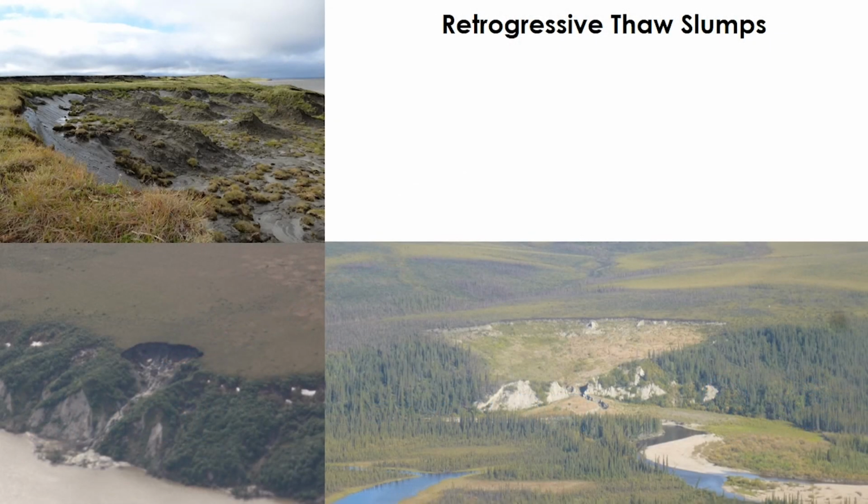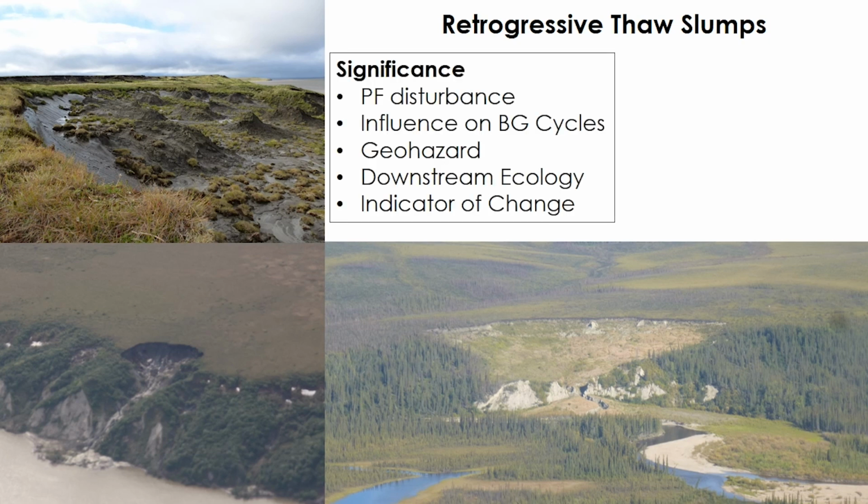So here we see some examples of nice retrogressive thaw slumps. They are abundant features in ice-rich permafrost, like formerly glaciated terrain or Yedoma permafrost. They are very important because they are disturbances in permafrost. They influence biogeochemical cycles like the carbon cycle and hydrological cycles.